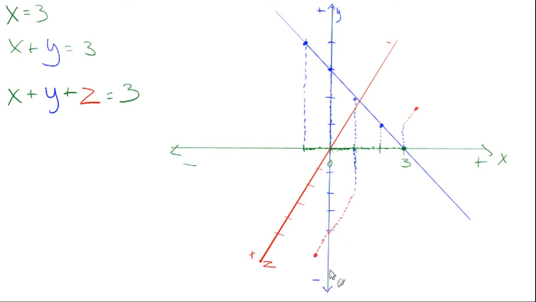Okay. So one more possibility: x could be 1, y could be negative 1, and z then would have to be the whole thing. It would have to be 3, because 1 minus 1 would be 0, and z would have to be 3 in order for them all to add up to 3. So something like right there.